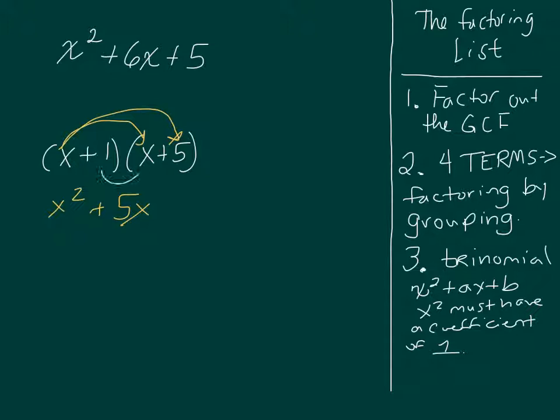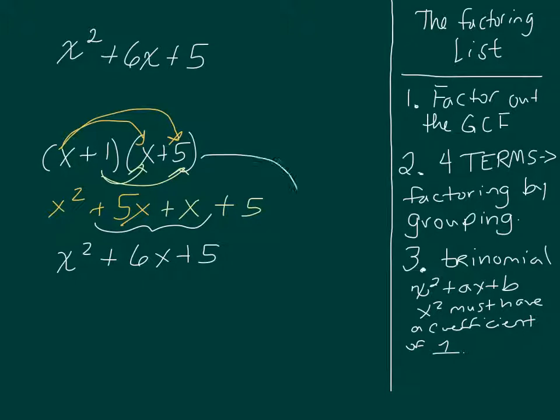I'm going to say 1 times x, and that's going to give me x. And 1 times 5, and that's going to give me 5. When I add the two middle terms because they're like terms, then I'm going to get x squared plus 6x plus 5. So we see that when we multiply two binomials, sometimes or often we get a trinomial.